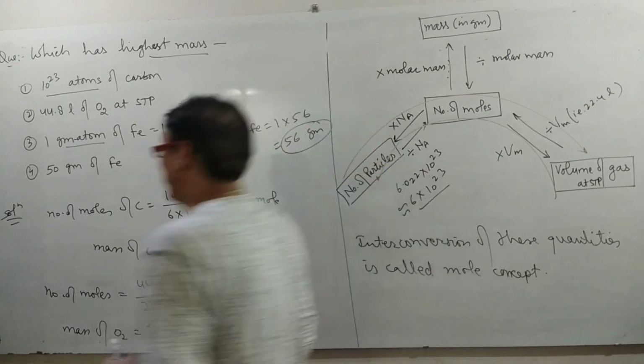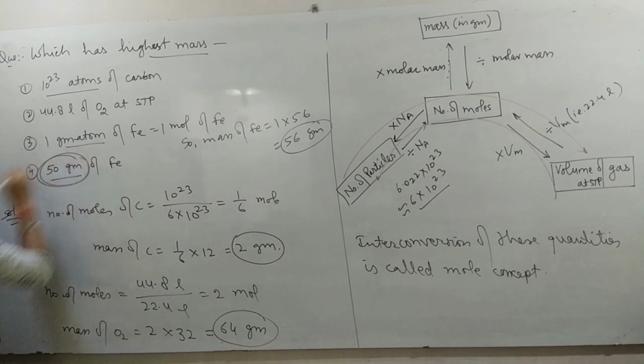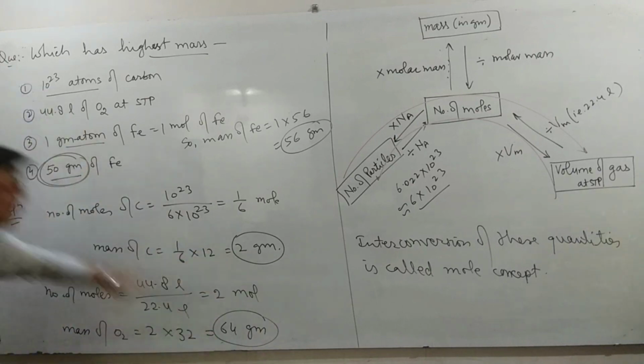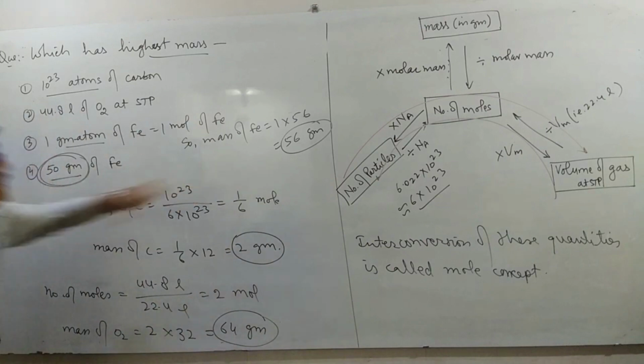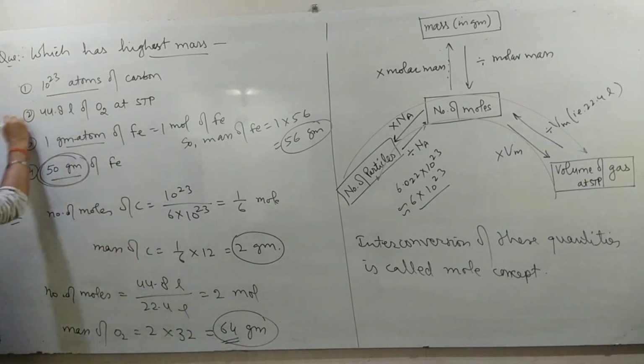And finally it is simply mass 50 gram. So the masses of the substances are: first option 2 gram, second option 64 gram, third option 56 gram, and the fourth option 50 gram. So the highest mass is 64 gram, that is the second option.